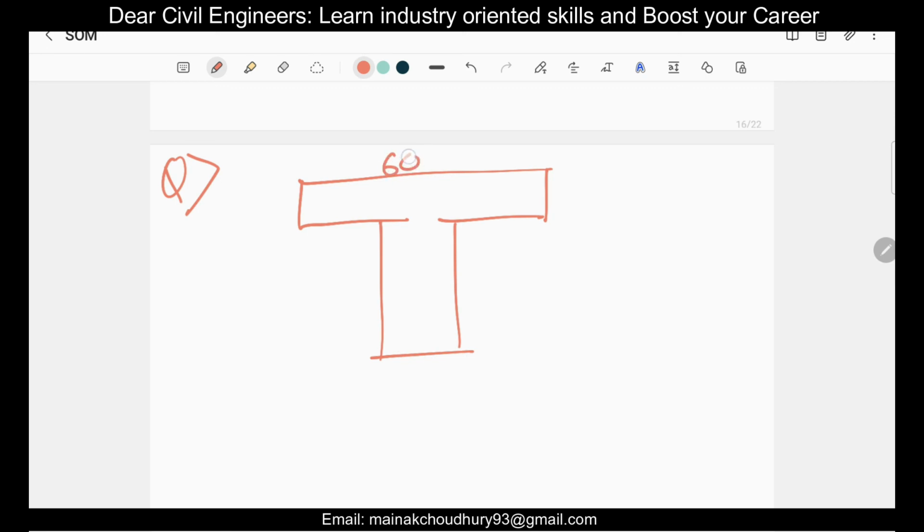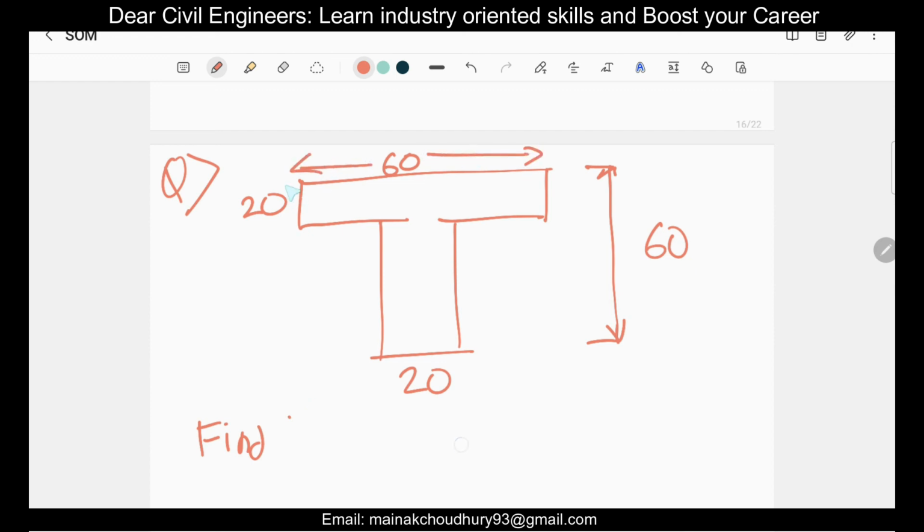This is 60, this is 20, and the entire thing here is 60, and this is 20. Okay, 60, 20, 20 is this one. So find the moment of inertia.